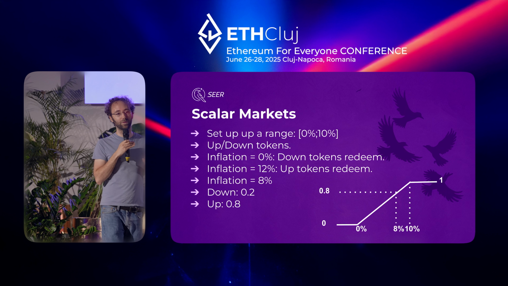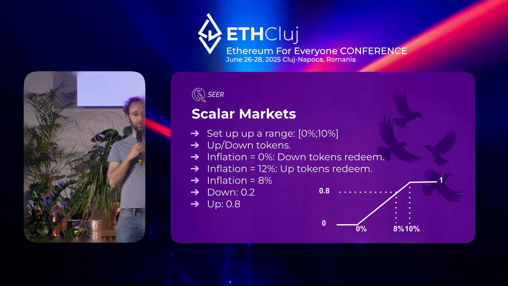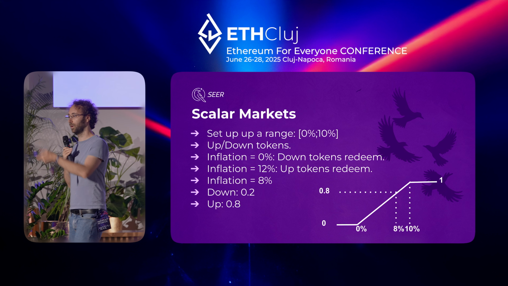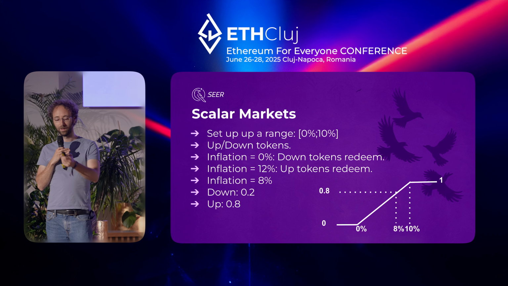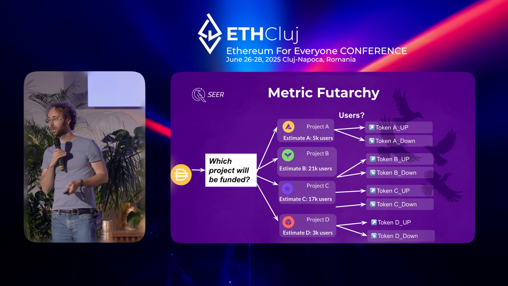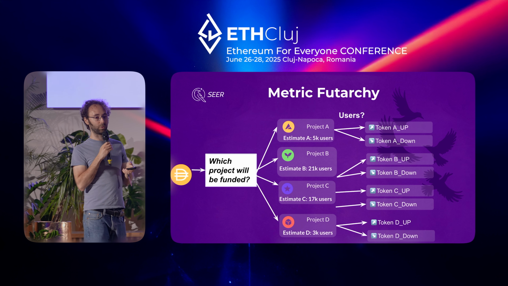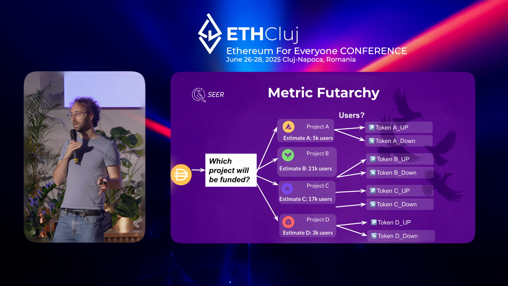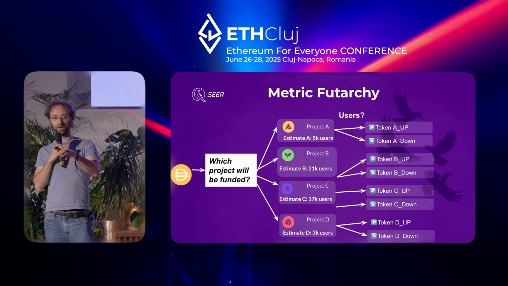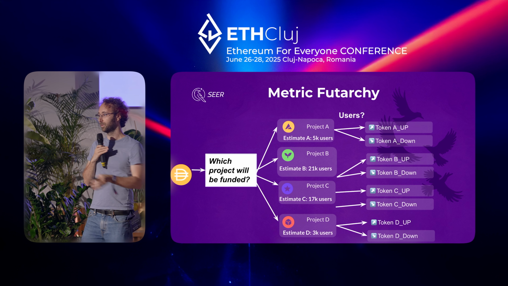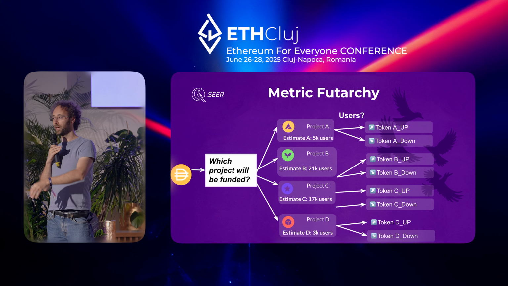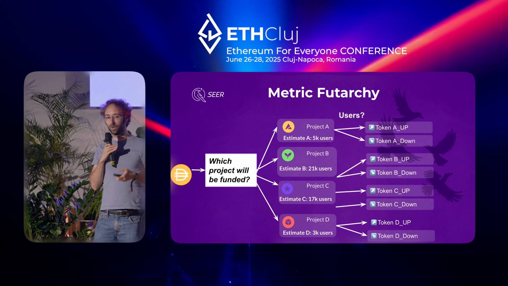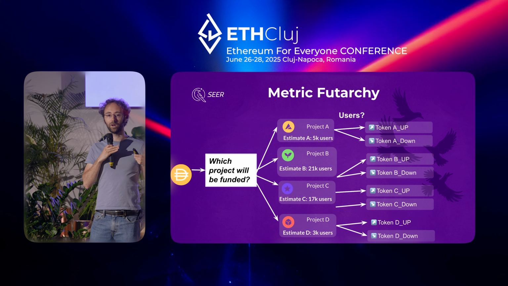But in practice, most of the time, we want to optimize on metrics, not just outcome. Well, remember the scalar markets, so we can combine that with scalar markets. For example, we could have a metric Futarchy. We could ask, which project will bring the highest amount of users if we fund them? So those can be communication projects, and we want to optimize the amount of users on our platform.